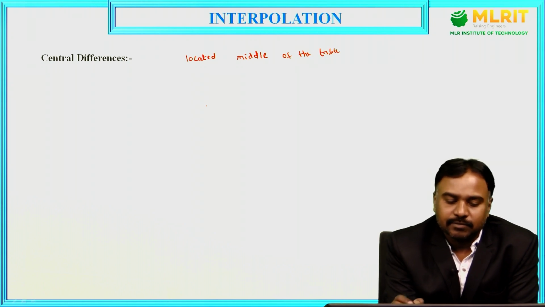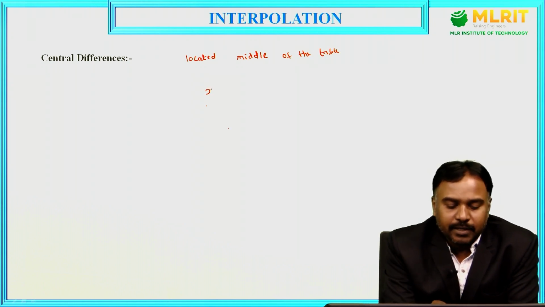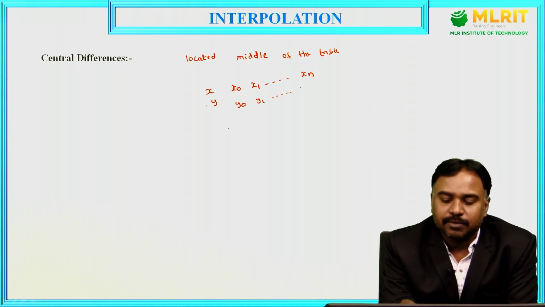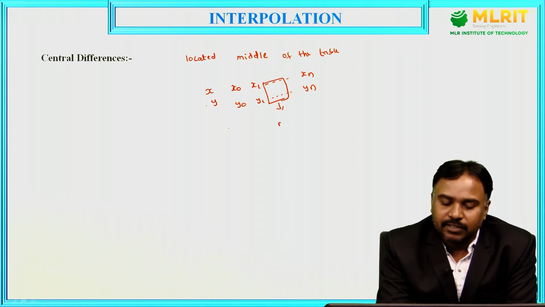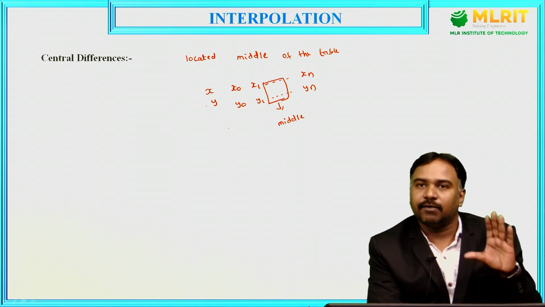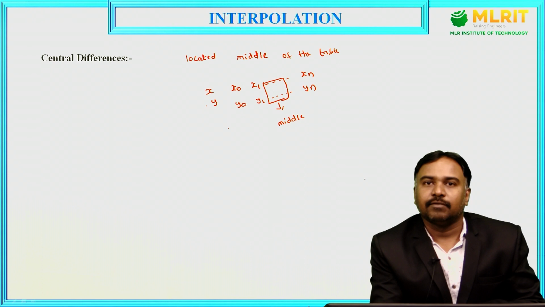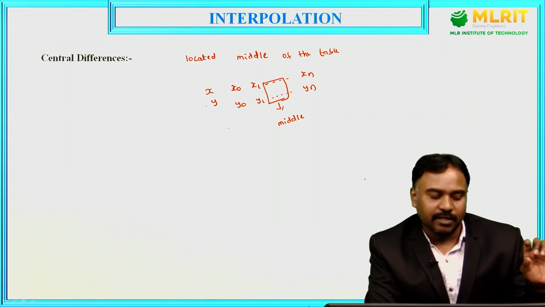As I said on the first slide, the points are x0, x1, x2, and so on up to xn, with respective function values or experimental values y0, y1, and so on up to yn. If it is located in the middle of the table, we use the central differences concept to evaluate that unknown value which lies inside the given set of tabular points.